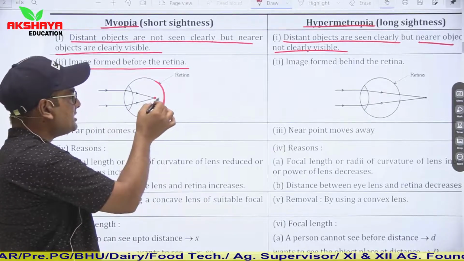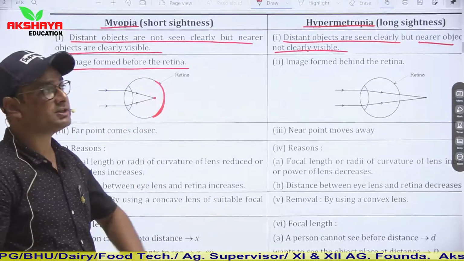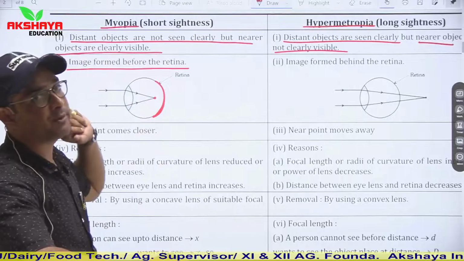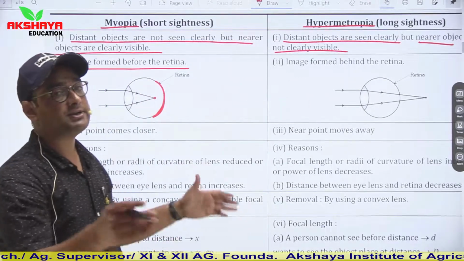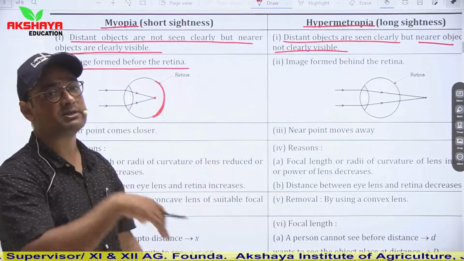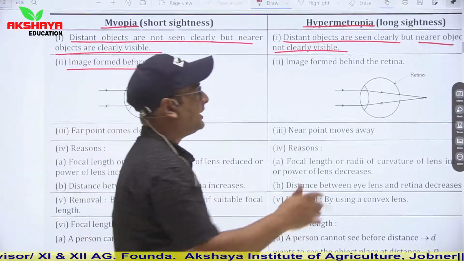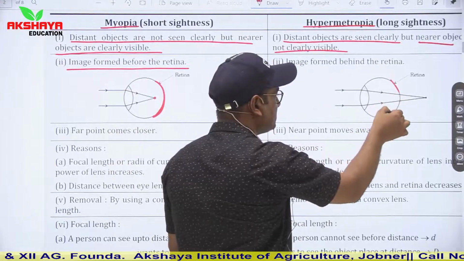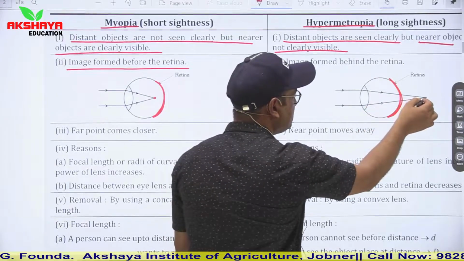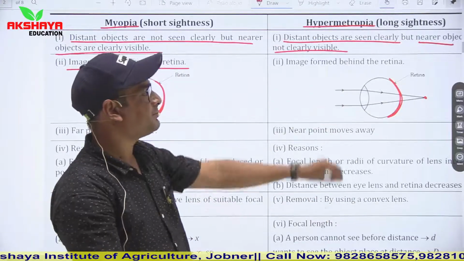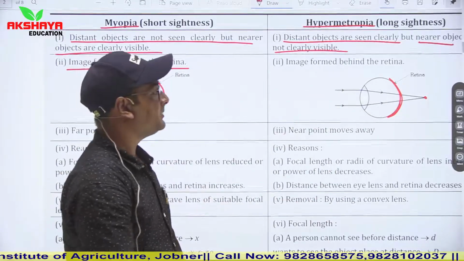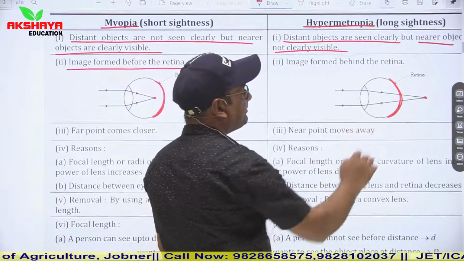If it converges just before the retina, then such an eye disease is known as myopia. While in case of hypermetropia, light rays intersect at a point just after the retina. This is the meeting point of these light rays, and they form the image here after the retina.